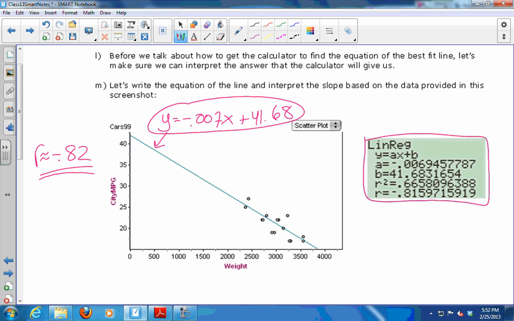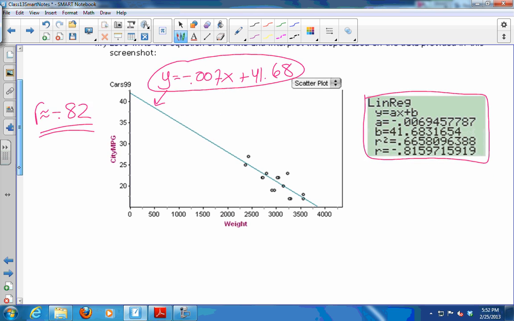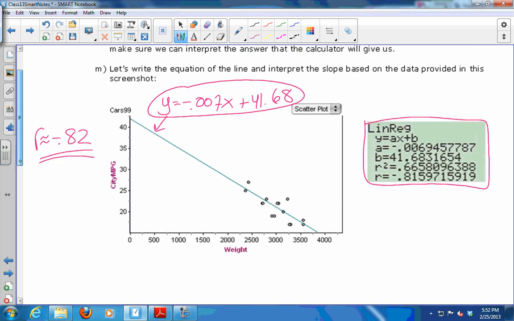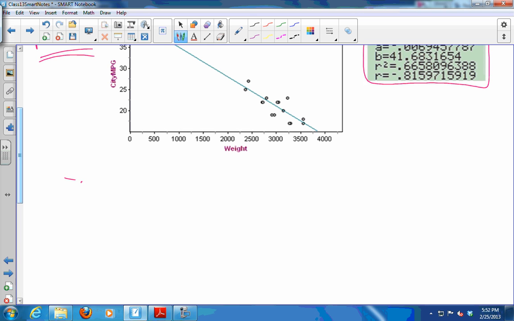So to interpret the slope, it is negative 0.007 over 1, right? And slope is change in y over change in x. What does y represent in my graph? Just y in general.